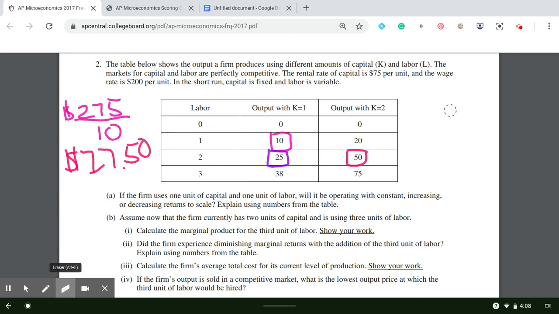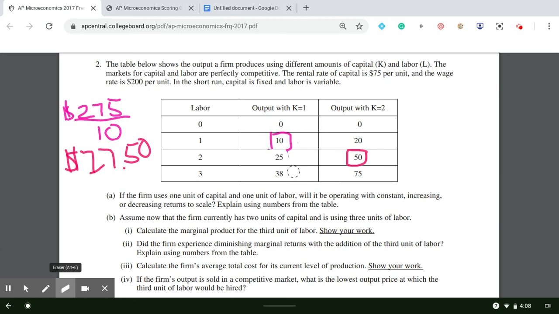Maybe I need to backtrack real quick. If we double both, so double our inputs, we quintuple our outputs. So that goes back to that claim too, that if we double the labor, double the capital, from 10 to 50, we'd expect it just to be 20, but it's 50. That's quintupled instead of doubled.